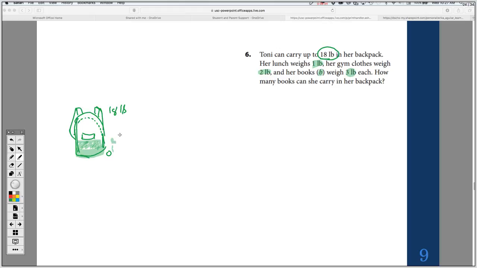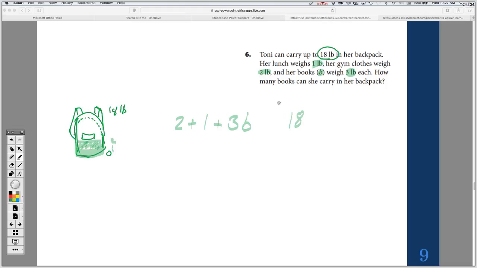B. All right, so 3B, and then can we have it? We know we want it to be 18 pounds or greater or less. Less. So when I add up all the weight, it has to be less than 18 pounds, or it could be equal to it. And now we would solve. So we have 2 plus 1 is 3, plus 3b, less than or equal to 18.